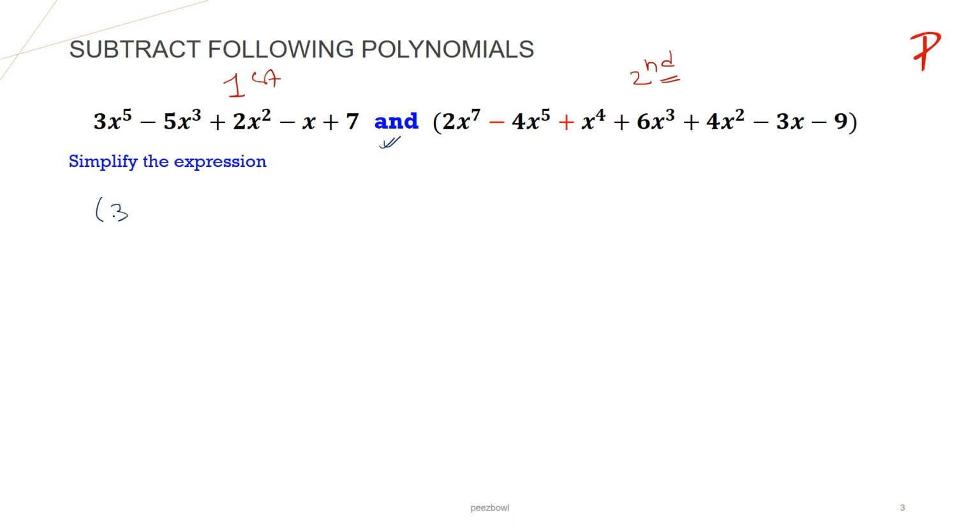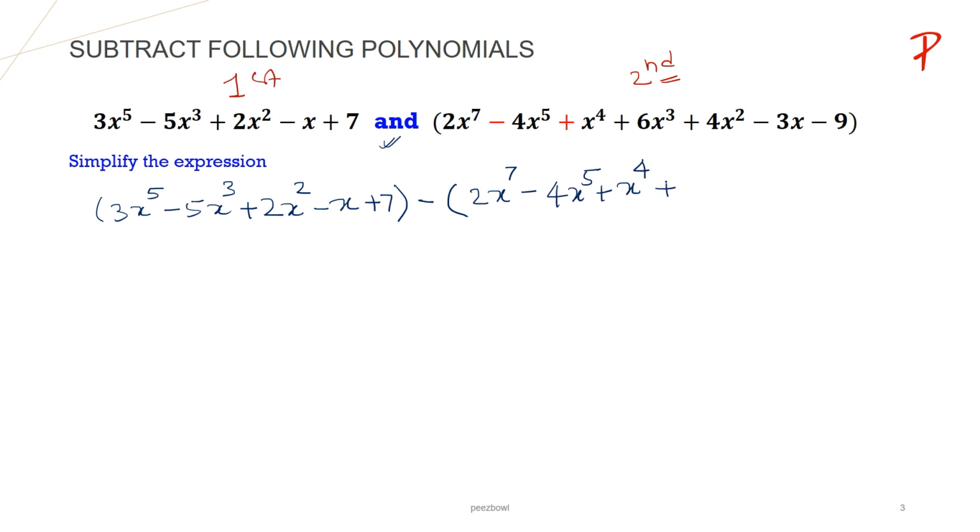The first polynomial I will write as it is, and for the and sign I will write a minus, and the second polynomial 2x^7 minus 4x^5 plus x^4 plus 6x^3 plus 4x^2 minus 3x minus 9.